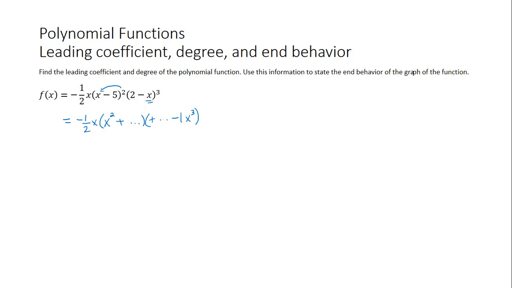So then if we multiply all of that together, it is sufficient to just multiply the leading terms of each of the factors to get negative 1/2 x times x squared times negative 1x cubed, which is a positive 1/2 x to the, we add exponents, so 1 plus 2 plus 3, which is 6.